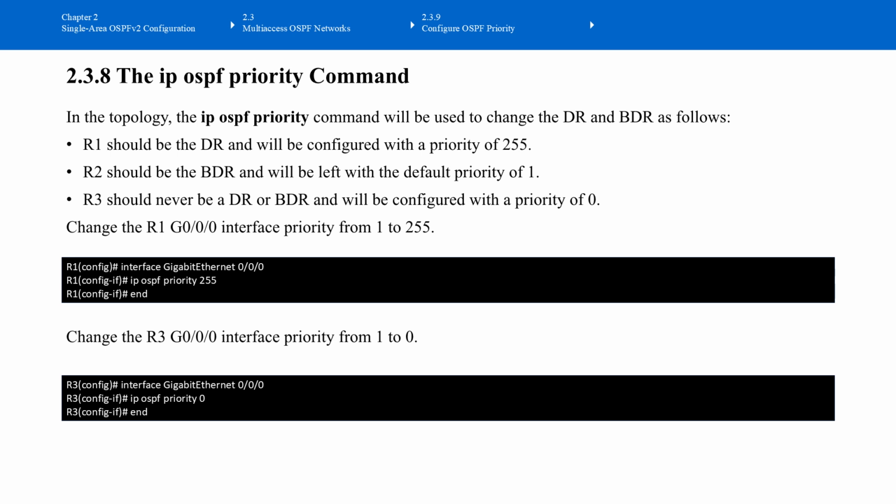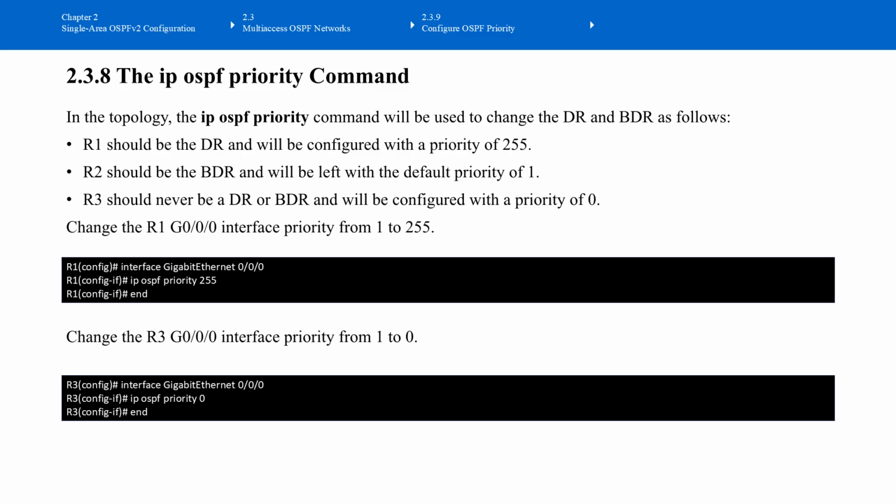And then now we are in the interface configuration mode. Enter ip ospf priority 255. The priority 255 is the highest possible number, so R1 is the best candidate for DR.